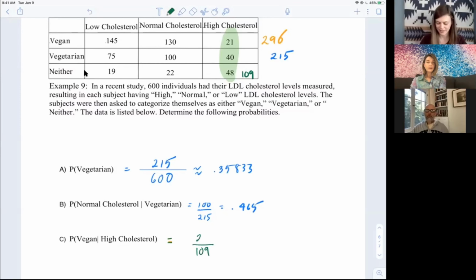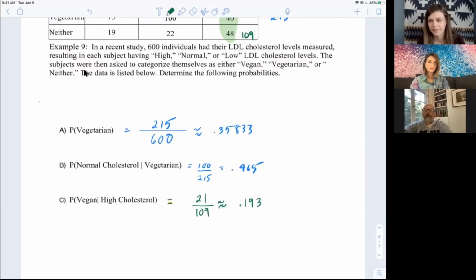Yeah, right. A lot of people will put 296 there because that's how many vegans are in the sample total. But we're only looking at those with high cholesterol. There's only 21 vegans that have high cholesterol. So notice that we've shrunk our sample space.